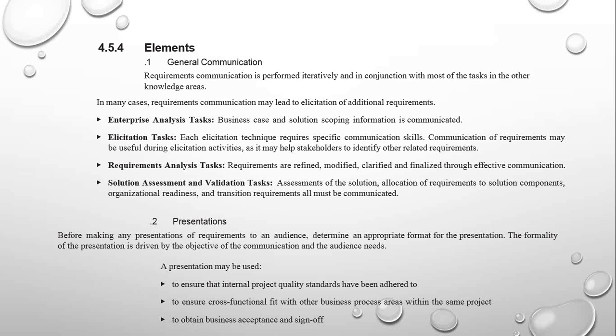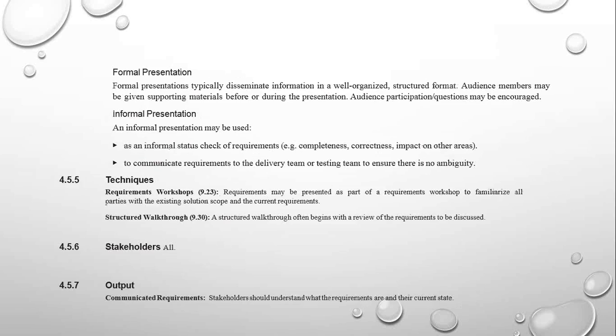Now, when they say that, that gives you very clear acceptance criteria. That means whatever solution you develop, you need to make sure it aligns with the acceptance criteria, because that's how the user is going to give you the final sign-off. That needs to be part of your communication management. Formal presentation, informal presentation.